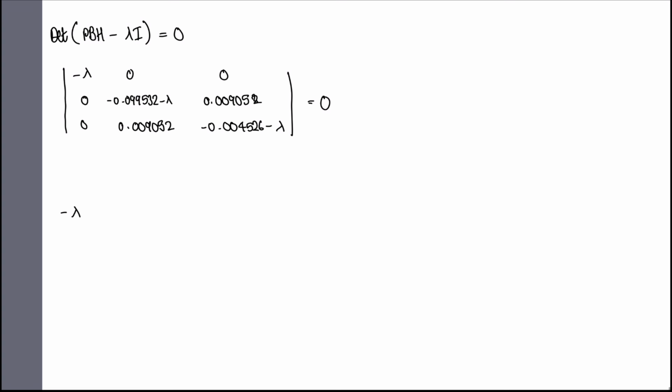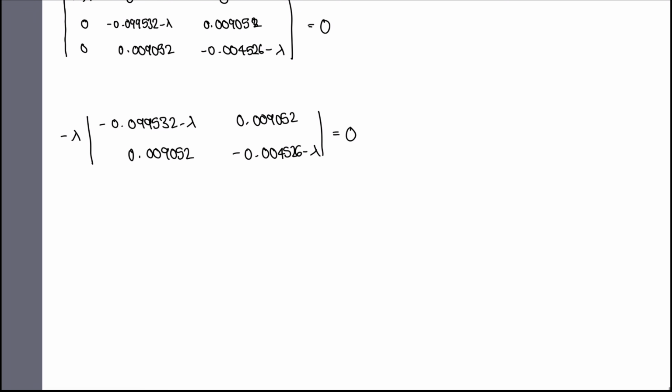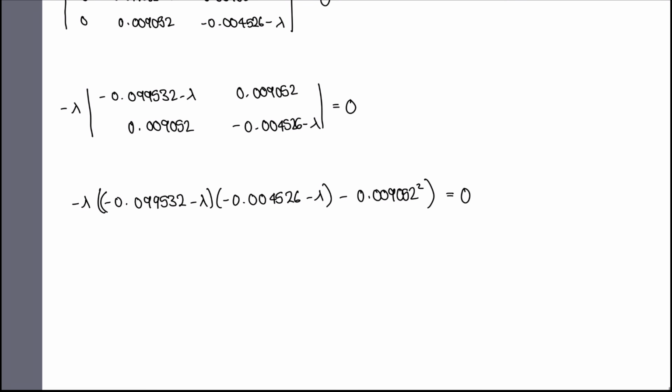If we work out the determinant now, luckily this is really easy because these two are 0, so we just get minus lambda, minus 0.099532 minus lambda, 0.009052, 0.009052, minus 0.004526 minus lambda. Equate that to 0, so we get minus lambda, brackets, these two multiplied together, and then these two multiplied together.